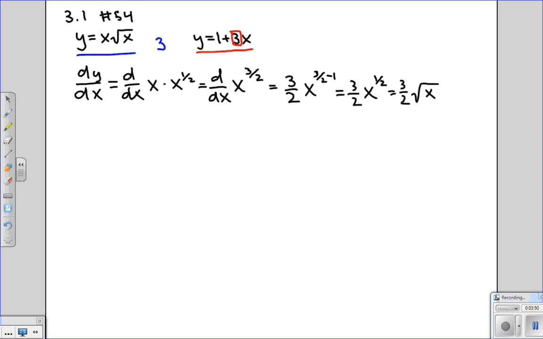So we need to find when is 3/2 square root x equal to, and again remember the value that we need is 3, so when is it equal to 3? So let's solve this equation.